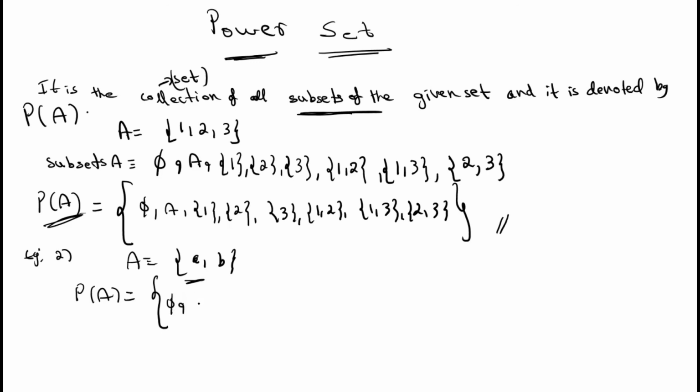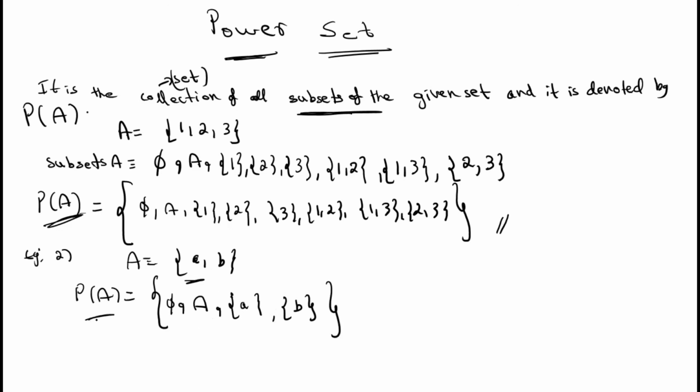The second subset is the given set A, which is {a, b}. Then the singleton {a}. The next subset is the singleton {b}. These are the possible subsets. 2 to the power 2, so 4 subsets are there.